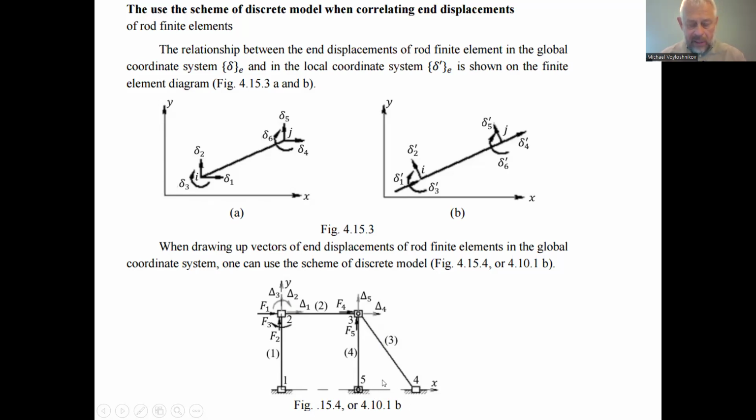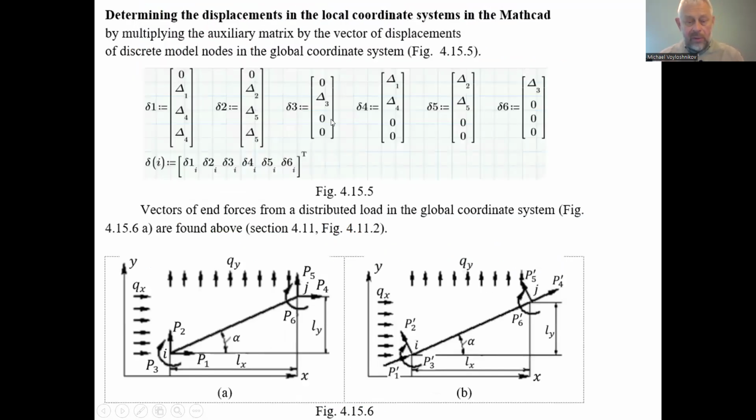We have a 5 times statically indefinable frame, and this embedding does not allow horizontal and vertical displacement of node 5, just the rotation. But this is a force type finite element, like an element of the truss, so it does not experience bending moments. Only the longitudinal force is possible. So the horizontal and vertical displacements of the ends of finite elements number 3 and number 4 are equal to 0, 0, 0.